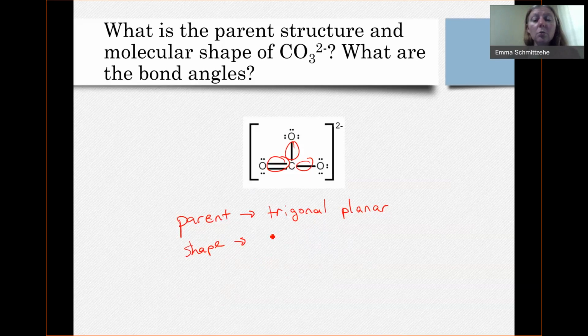So it's also trigonal planar. And then our bond angles, well, it's purely trigonal planar. So our bond angle is just the regular trigonal planar angle, which is 120 degrees. Okay, on to the next one.